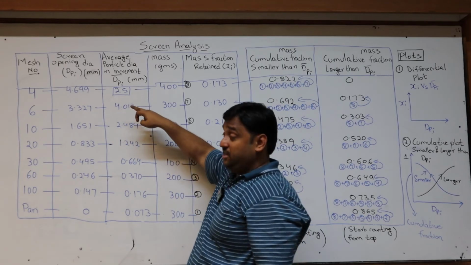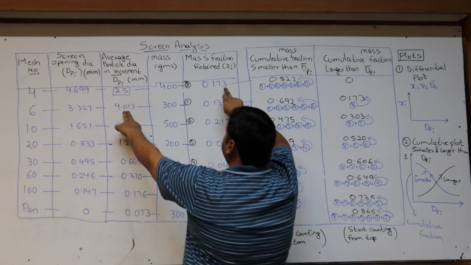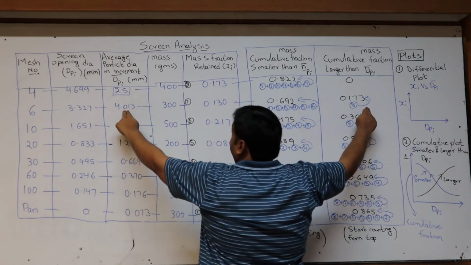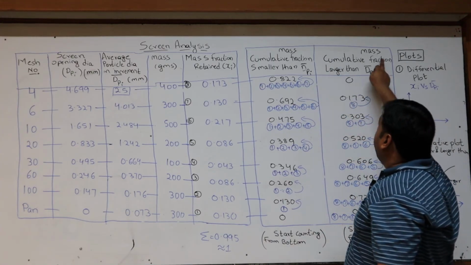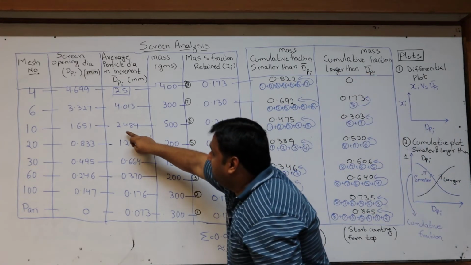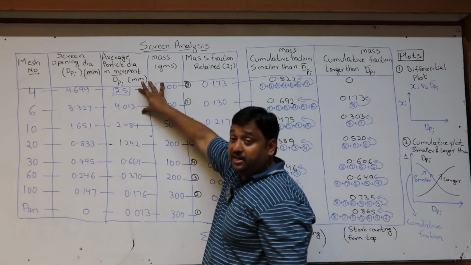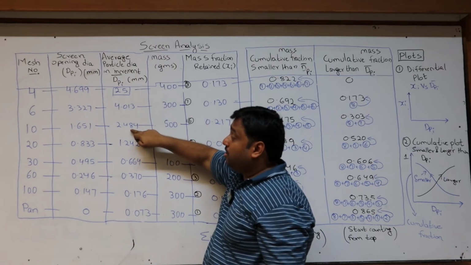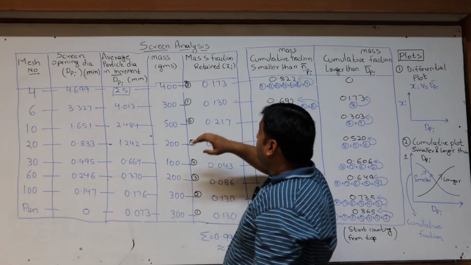How much fraction is there? This particle fraction is 0.173, so here 0.173. Cumulative fraction larger than 2.489. These two fractions of particles are larger than 2.489.